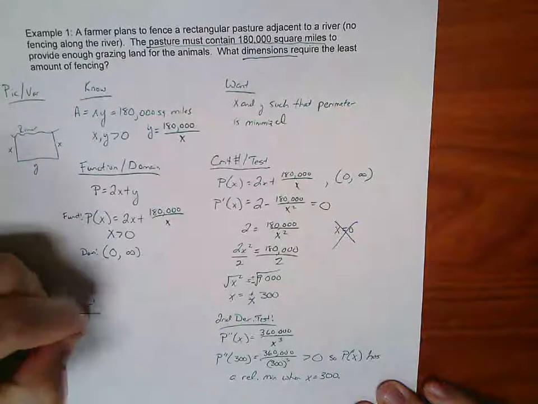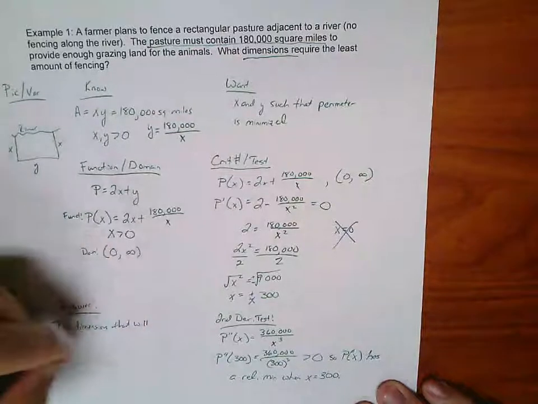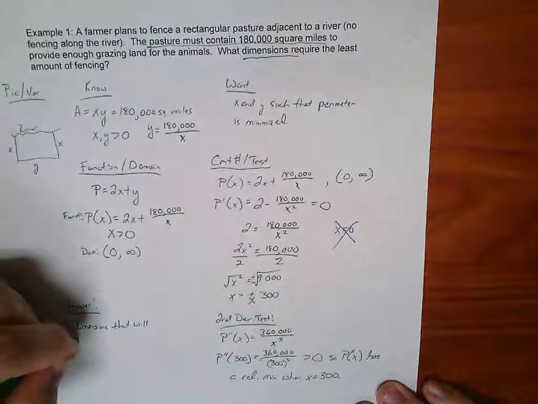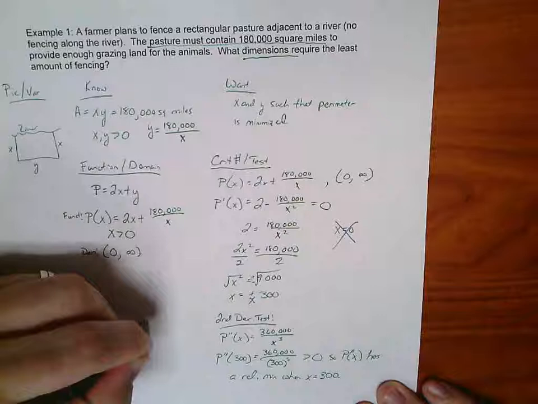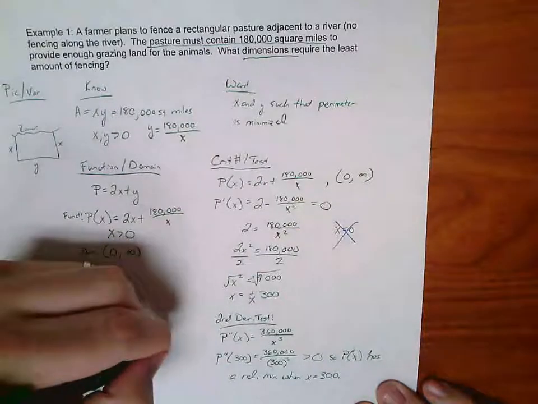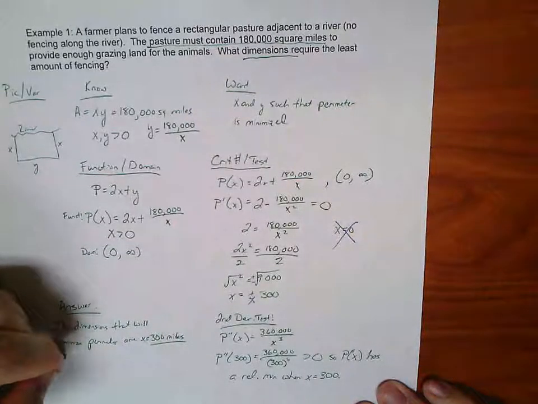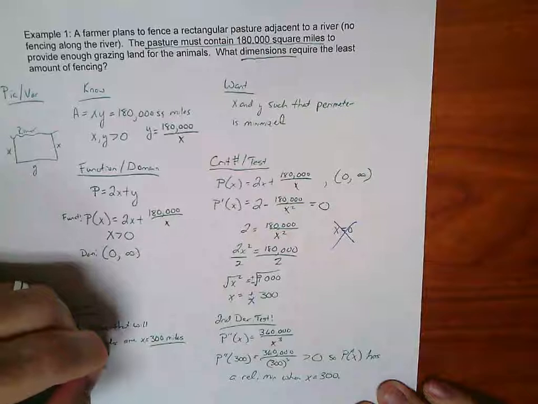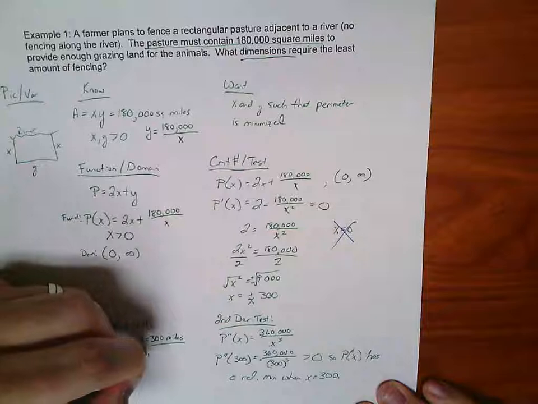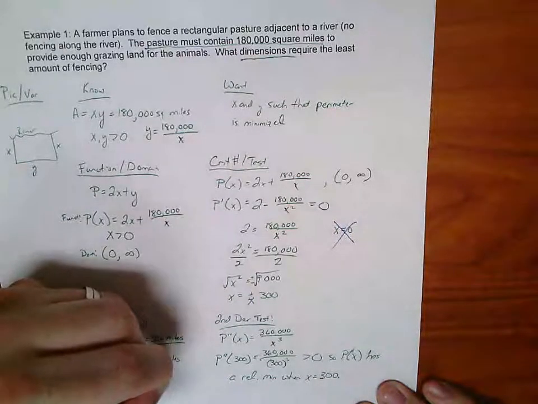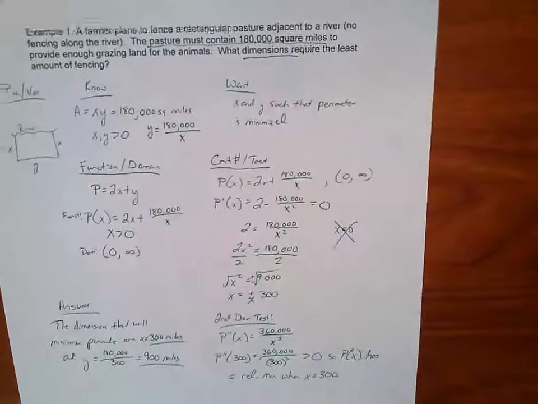The dimensions that will minimize perimeter are x equals 300, and don't forget your units here, so x equals 300 miles, and y is equal to 180,000 divided by 300, which is equal to 900 miles. Make sure you remember your units. If you forget your units, you will lose points on these questions.